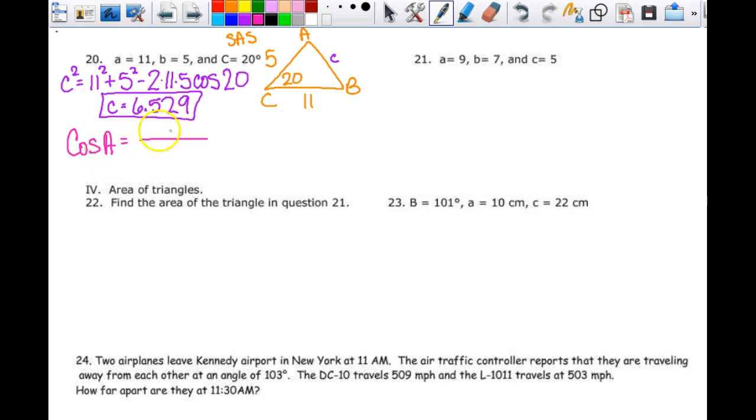So it's got to be B and C, and it doesn't matter what order. So we'll do B, which is 5 squared, plus C squared, but C is in the calculator, minus whatever side relates to that, 11 squared, all over 2 times 5 times C. And C comes from the calculator.